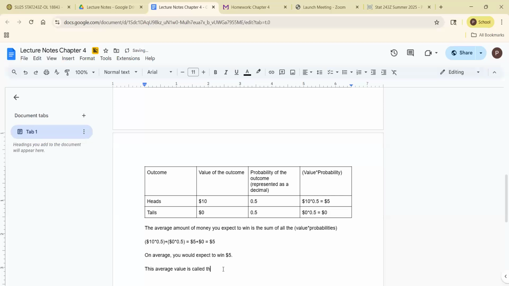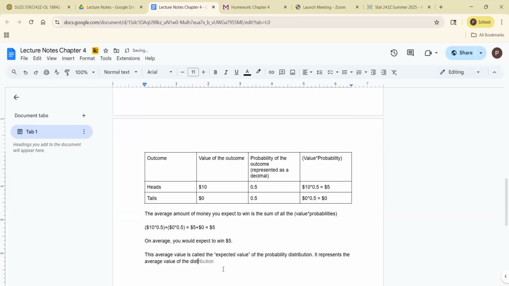This average value is called the expected value of the probability distribution. It represents the average value of the distribution if you conducted a large number of trials and averaged out the values of each trial.